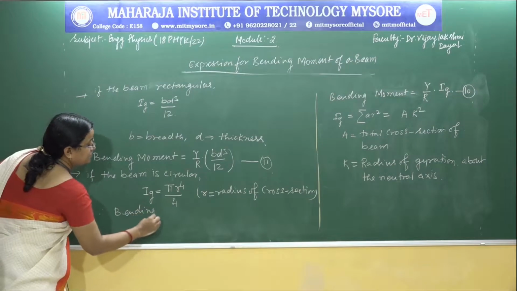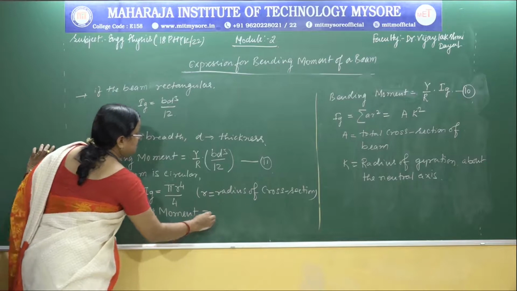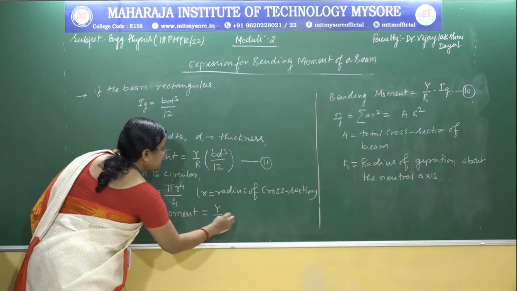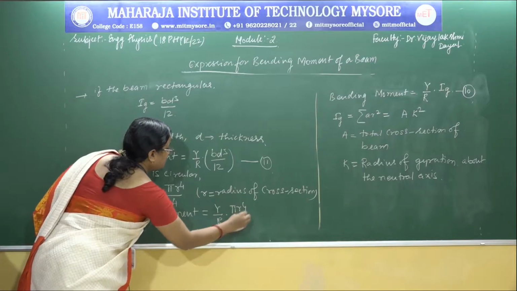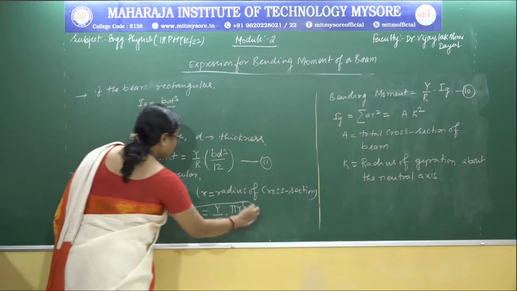Bending moment is equal to Y by R into pi r to the power 4 divided by 4.